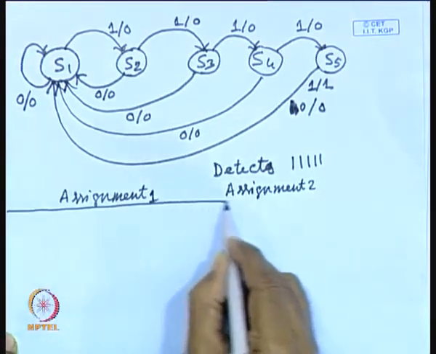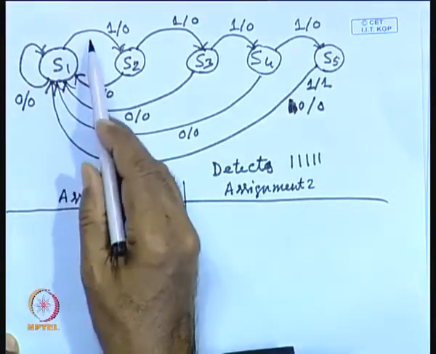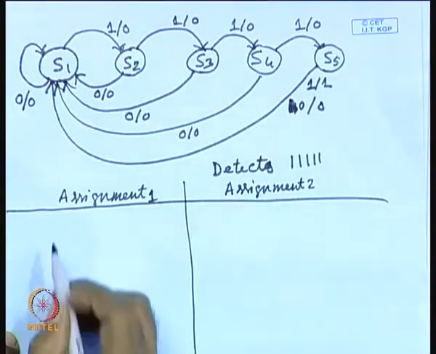As you can see, there are 9 possible transitions.